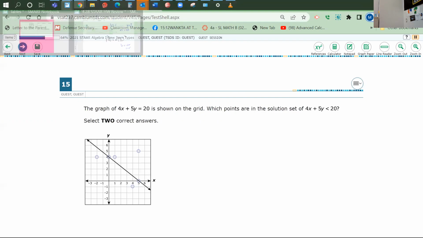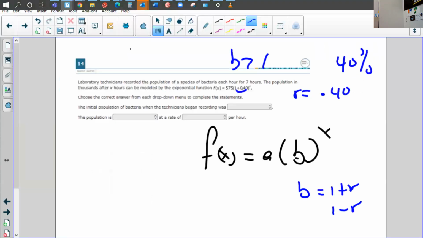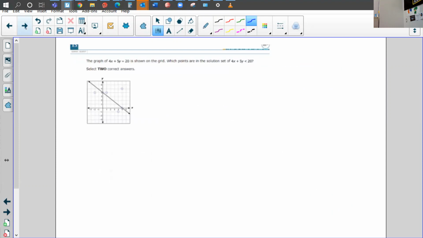So let's go back to my slides. We have 4x plus 5y is less than 20. Again, always solve for y. Just don't assume, oh, it's less than, so it's going to be below the line. In this case, it is, but I want you to get in the habit. So we minus 4x, minus 4x.